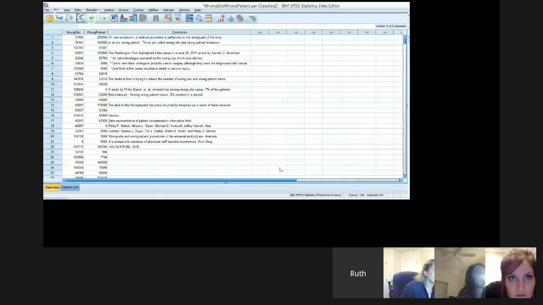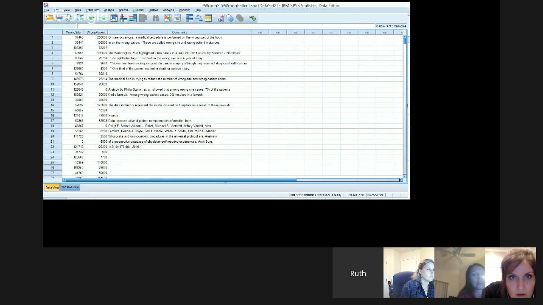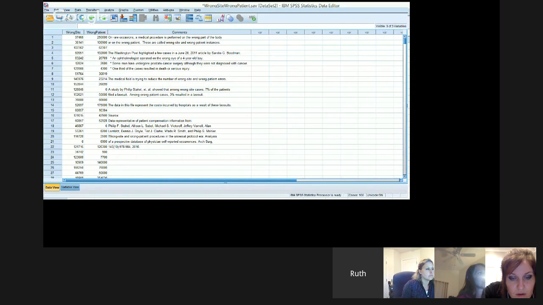So we're doing wrong site, not wrong patient. Is that right? I'm having a hard time jumping between the two. I'm just trying to shut down everything else so that I don't get confused.